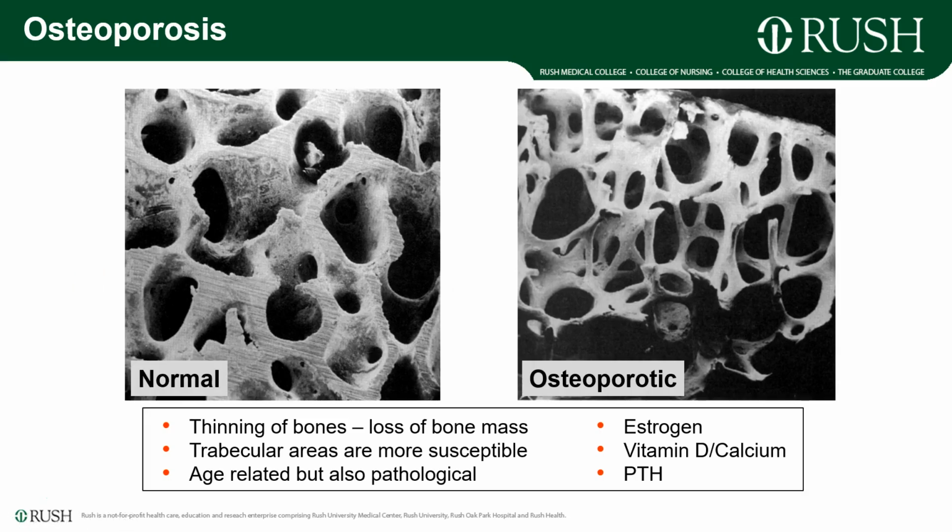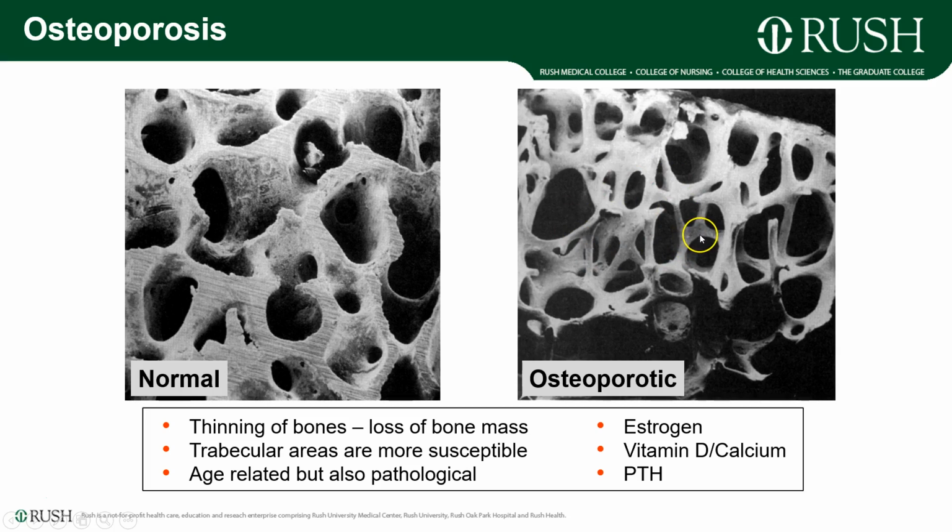Osteoporosis is a disease of the bone itself, where there is a loss of bone structure or increase in porosity. So thinning of bone due to loss of bone mass, and this particular disease causes structural damage, which leads to fractures.